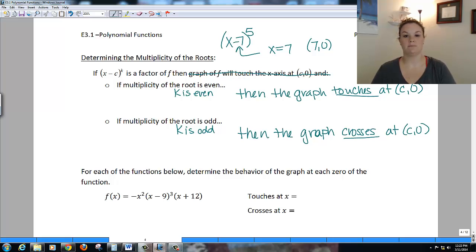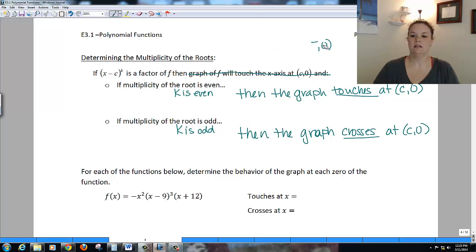If the multiplicity, or the exponent on your factor, is even, then your graph touches at the x-intercept you get from that factor. If the multiplicity or the little exponent is odd, then your graph crosses the x-axis at that given x-intercept that you get from that factor.